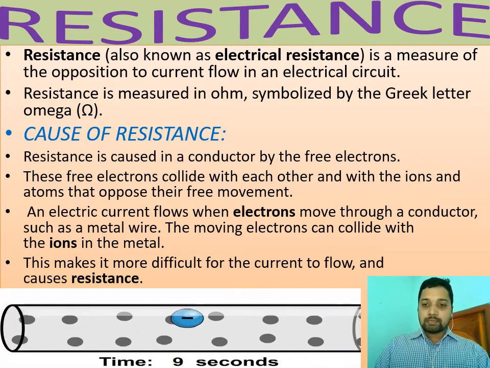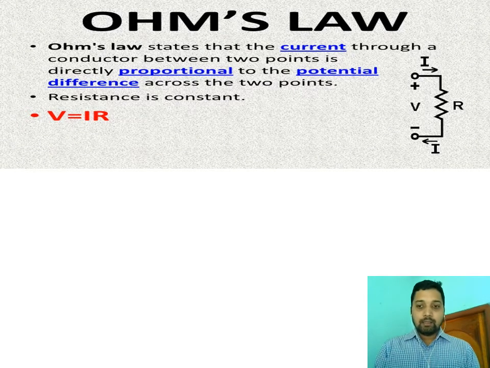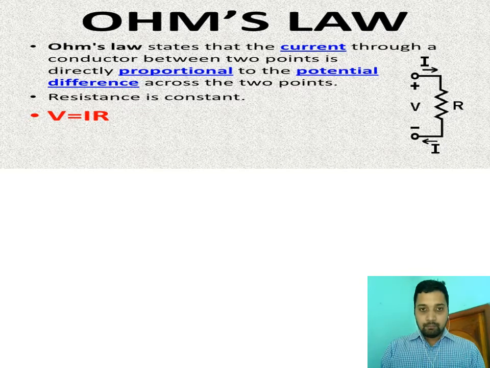This is resistance. Now we come to the interrelation between potential difference, current, and resistance. The relationship between potential difference, current, and resistance was first given by George Simon Ohm, which is known as Ohm's law. It is a relationship between potential difference and current.